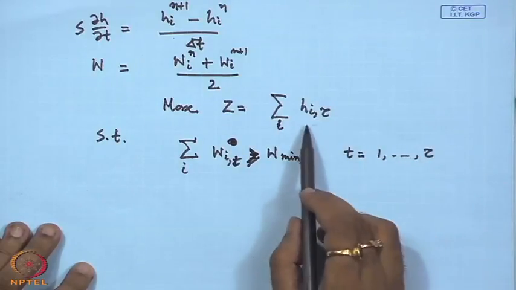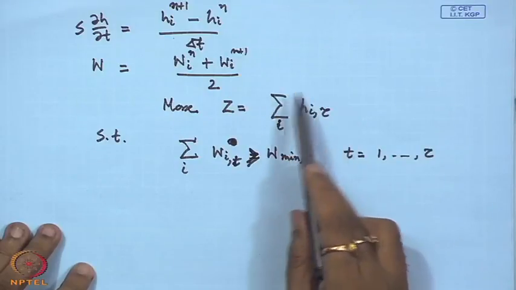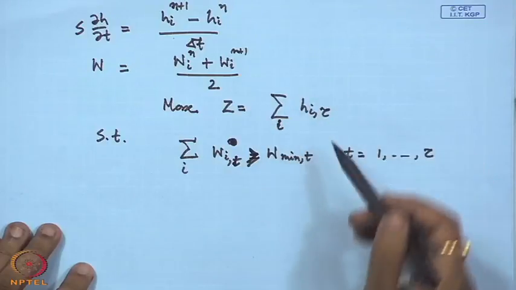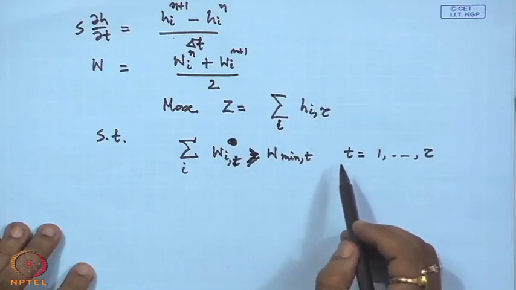So, at the last time step our head values should be maximum, or we should maximize our head values at the last time step.